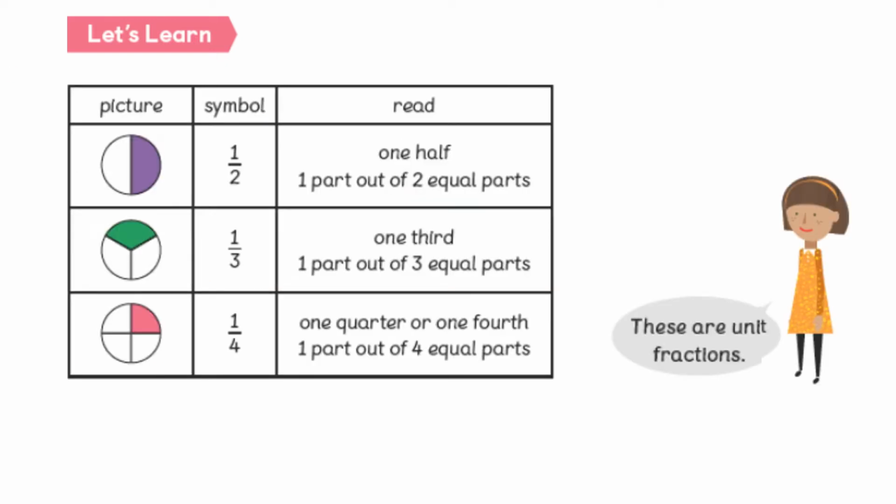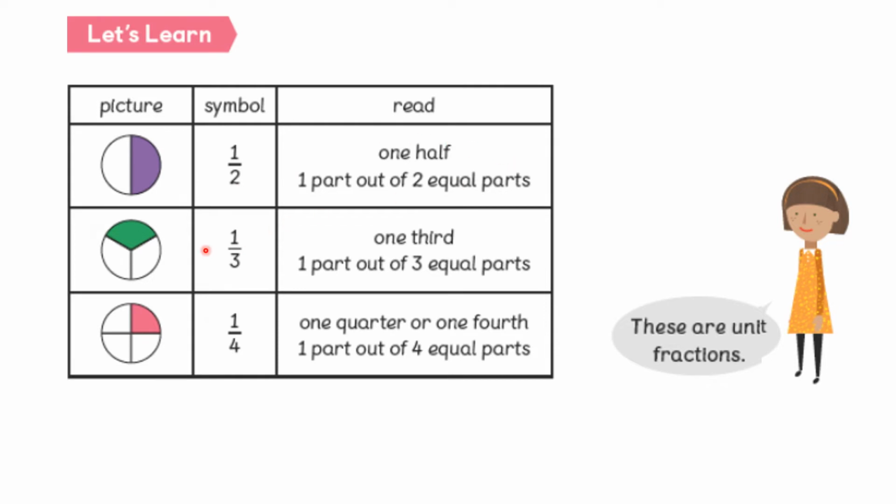Okay, so let's have a look at the fractions we've learnt so far this week. So far we've been learning about 1/2. This is what 1/2 looks like shaded in, and this is what it looks like when it's written as a fraction. And we know it's 1 part out of 2 equal parts, or it's 1/2.